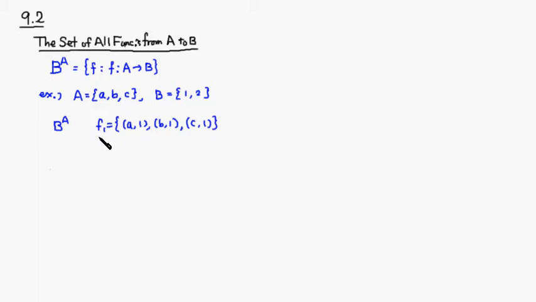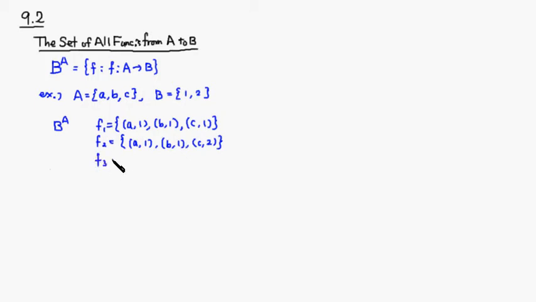How about F2? a is mapped to 1, b is mapped to 1, and c is mapped to 2. So you can see that it's different from F1.